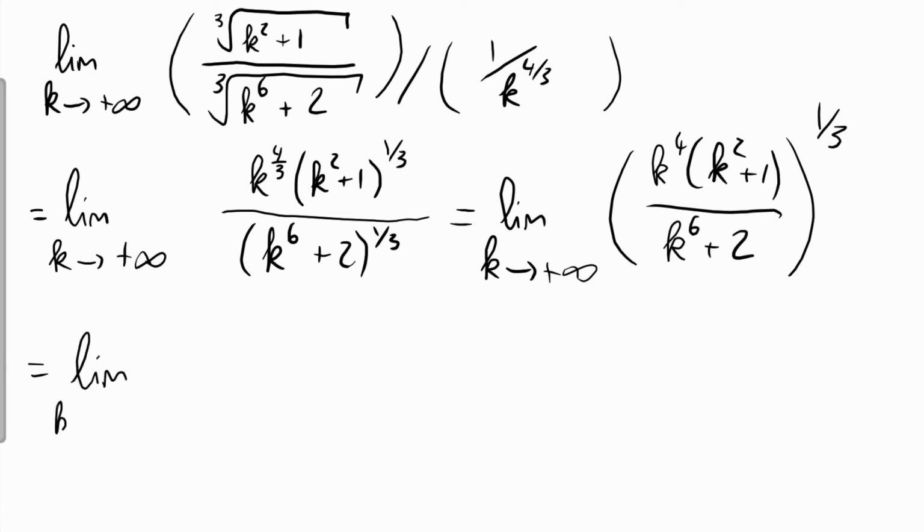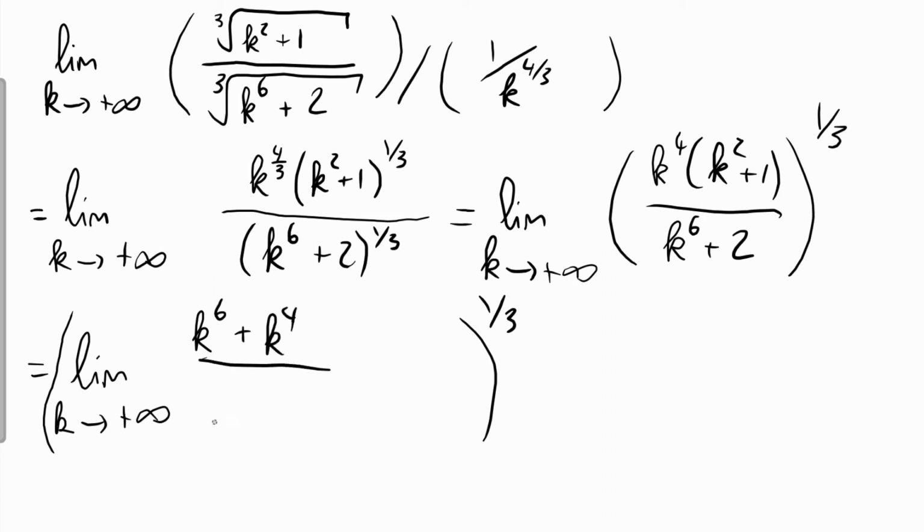So this is now the limit as k goes to infinity. I'm going to move that exponent of 1/3 out, and we then get k to the 6th plus k to the 4th divided by k to the 6th plus 2.